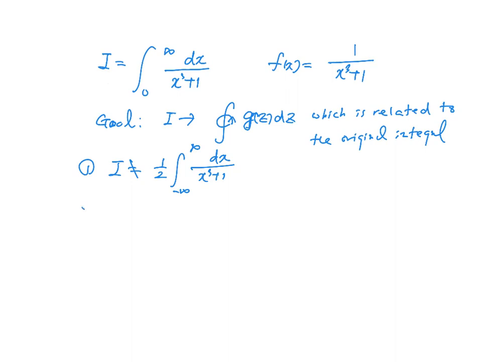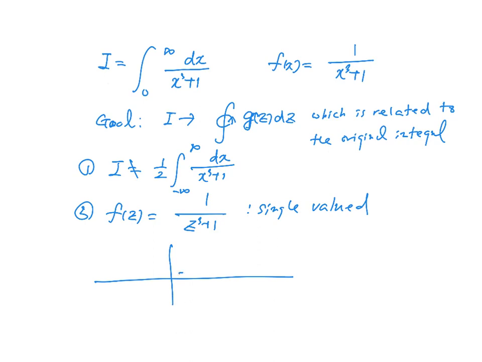And secondly, f(z) is single valued. Previously, we used a multiple valued function to use the contour that includes the 0, which cannot be used here.